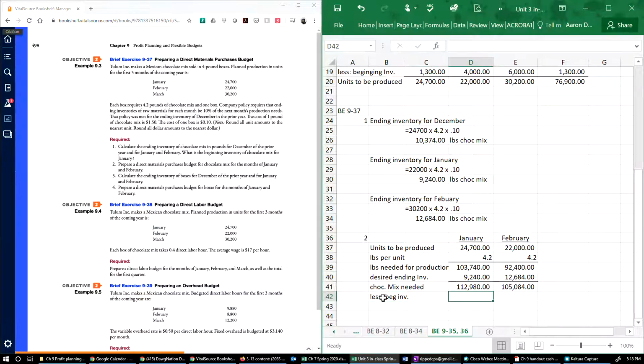Beginning inventory of chocolate mix, which would be the 10,374 for January. And for February, well, the ending inventory in January is the beginning inventory in February. All right.